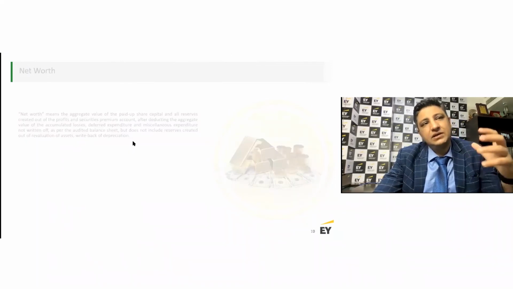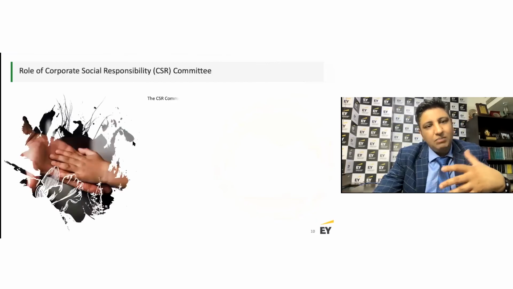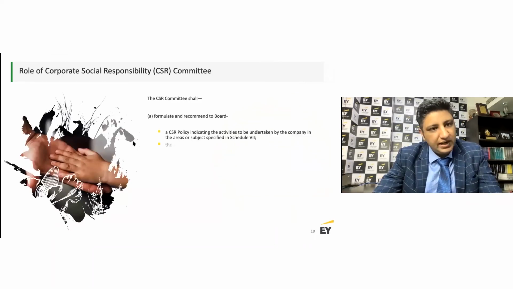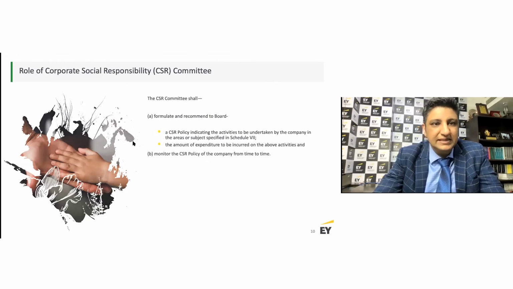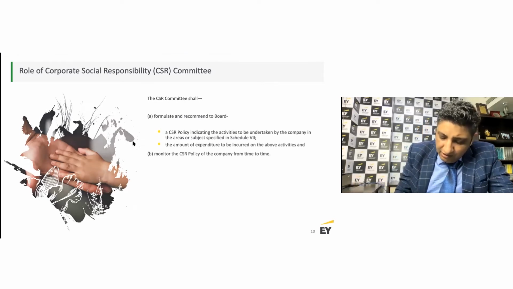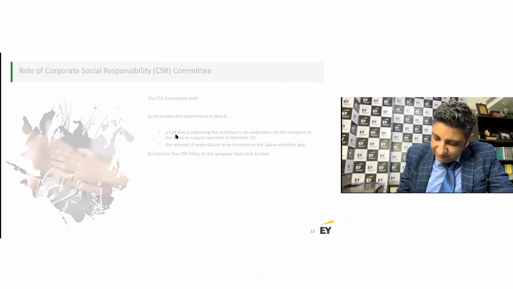Now, when you are mandatorily obliged as an organization to be applying the provisions of the CSR, the CSR committee has a role to play. Okay, and that's where the CSR committee shall, for example, suggest formulation and recommendation to the board of a CSR policy indicating the activities to be undertaken by the company in the areas or subjects specified under Schedule 7.